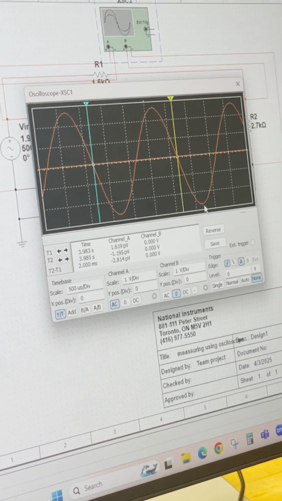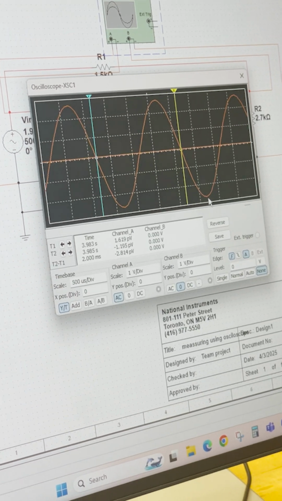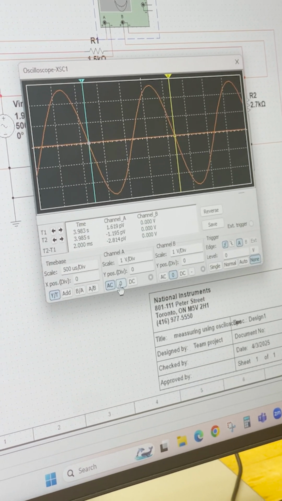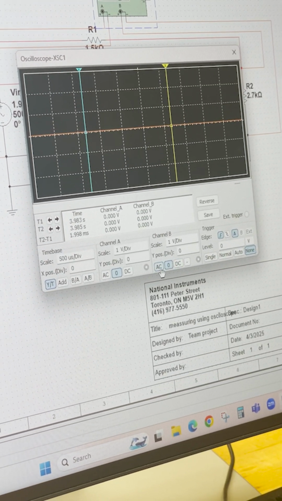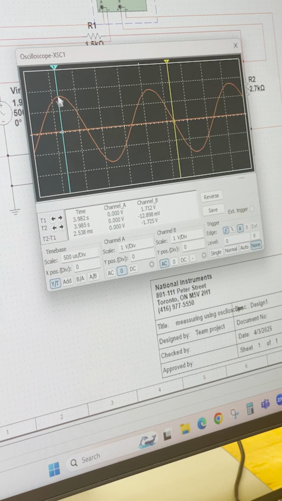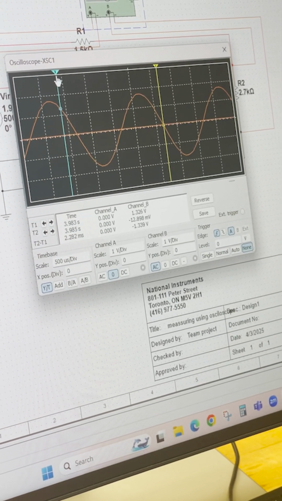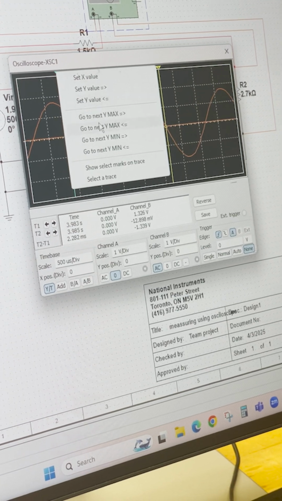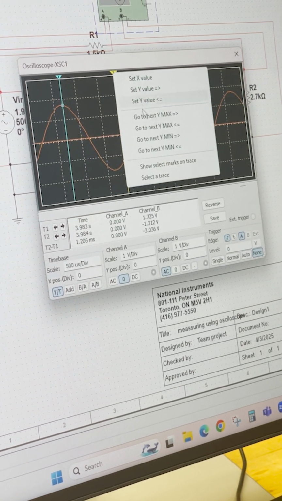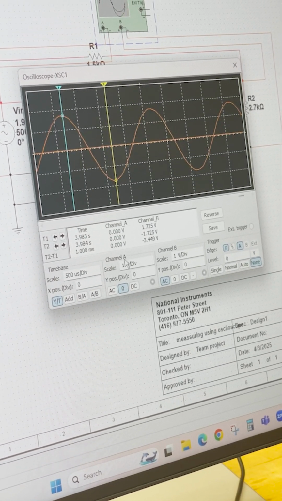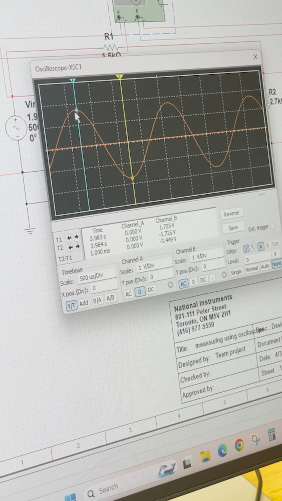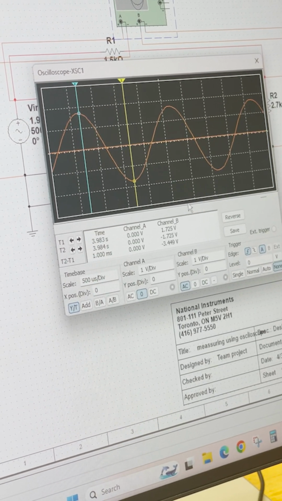Now I am going to demonstrate how to measure peak to peak on channel 2, on channel B. So I'm going to turn on the AC on channel B, and for channel B, the measurement for peak to peak voltage is 3.44, which is located right here.